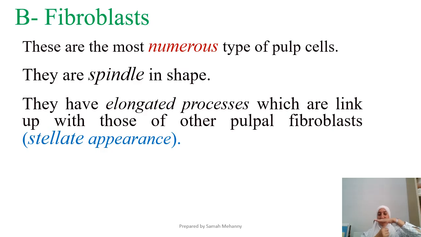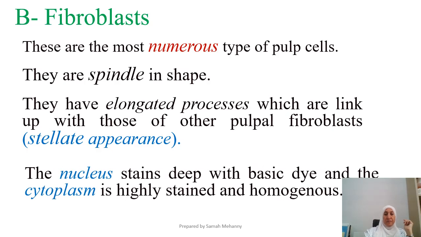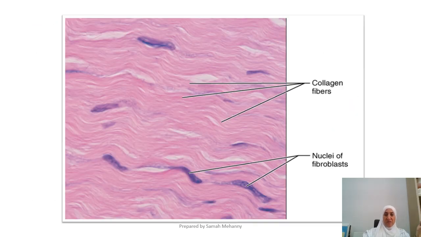But if you look at the fibroblast from the top view, it appears star shaped. Of course, the nucleus is deeply stained, and the fibroblast is a protein-forming cell with multiple numerous cell organelles. This is a longitudinal section showing the nuclei of fibroblasts and the collagen fibers.